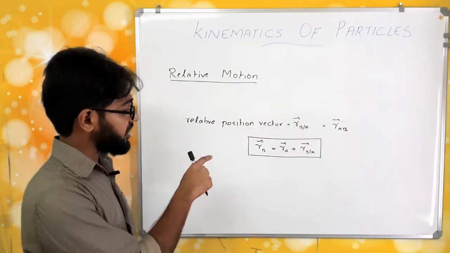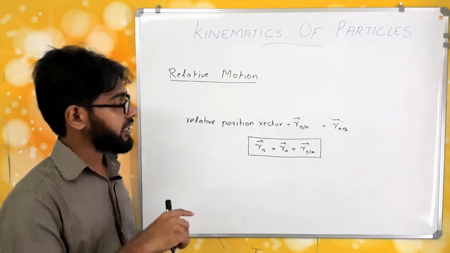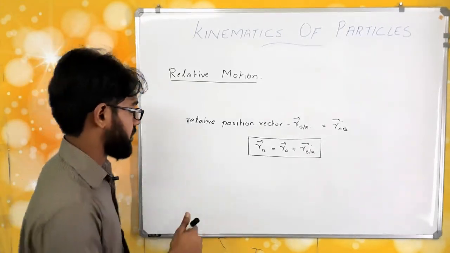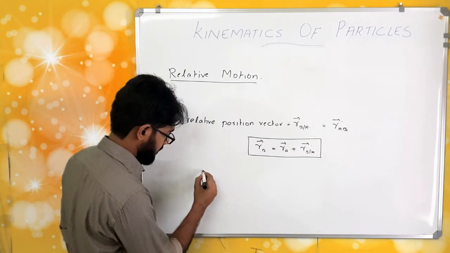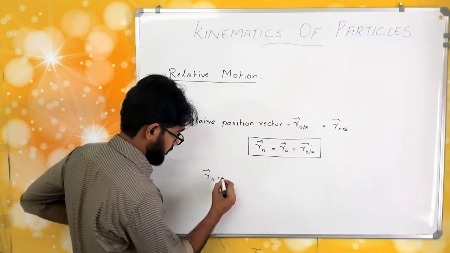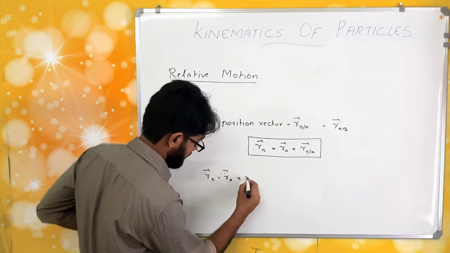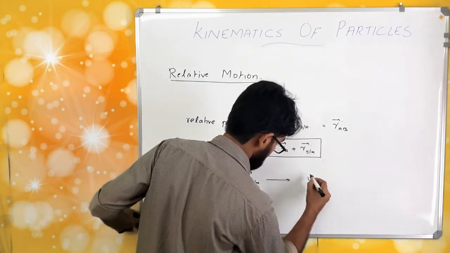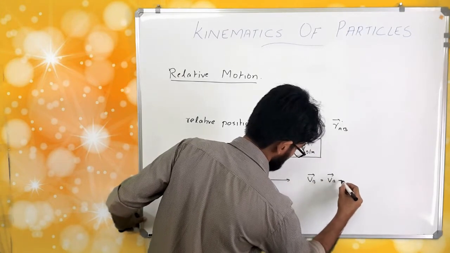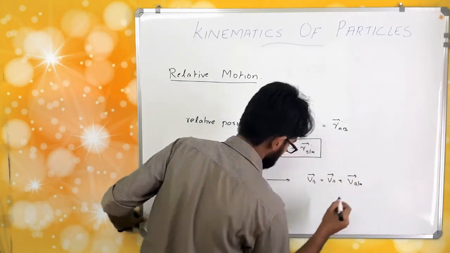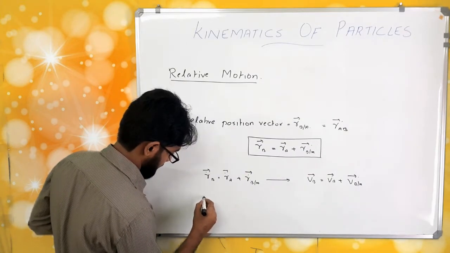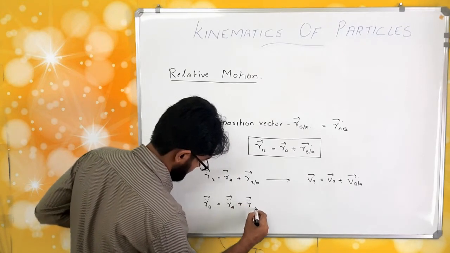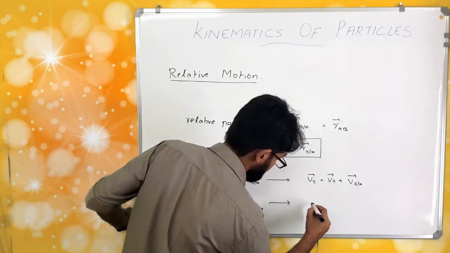Now, if I differentiate this equation with respect to time, we can get the velocity vector, which on differentiation again, I will get the acceleration vector.